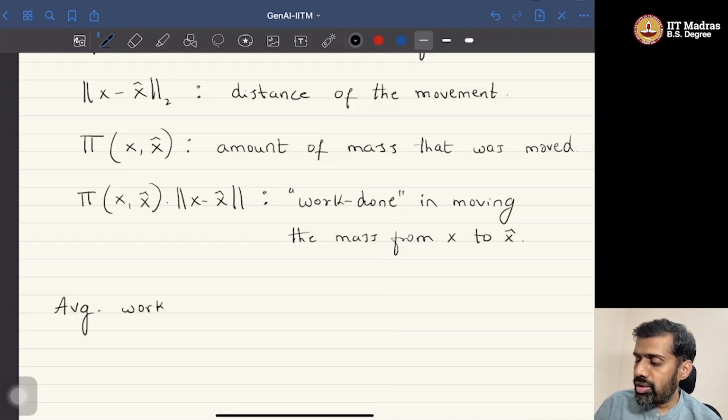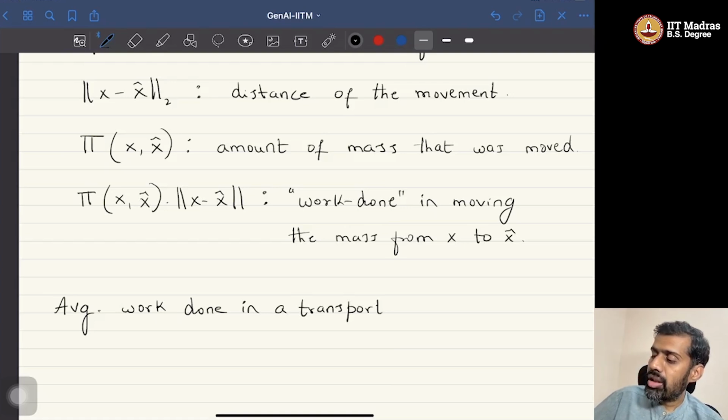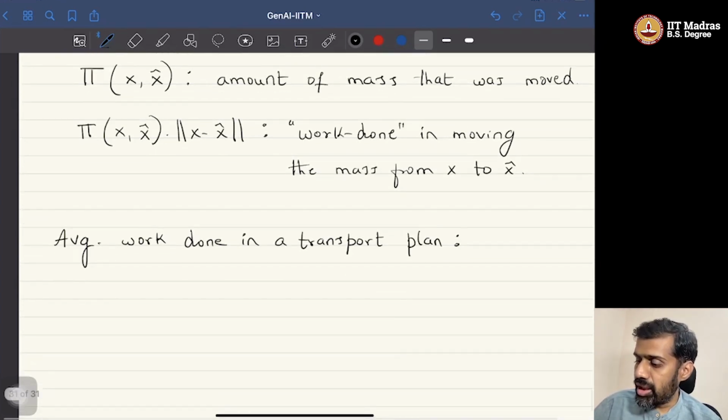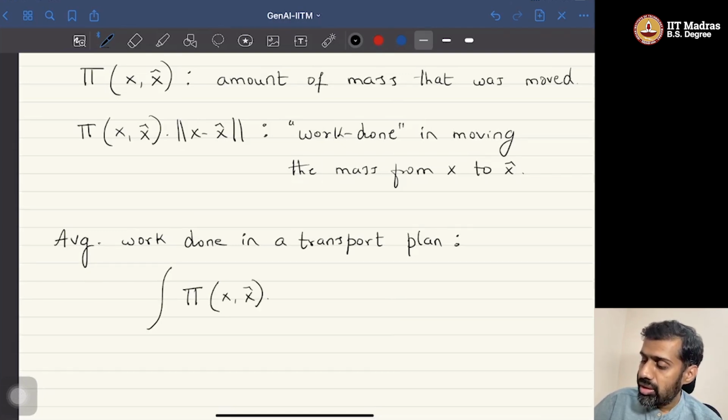So average work done in a transport plan can be simply given by adding, or rather integrating, all the individual works, and you integrate that over all possible values of x, right?